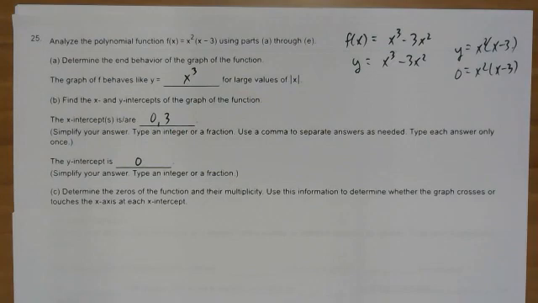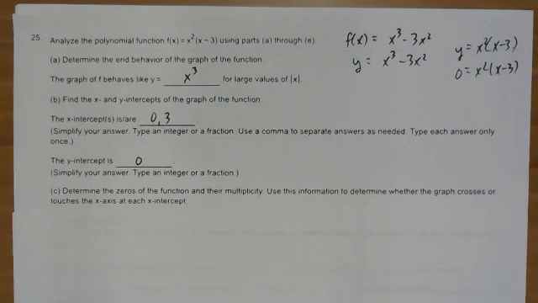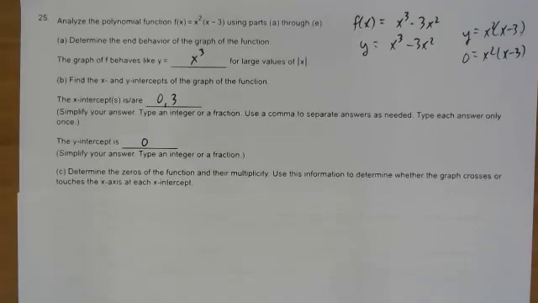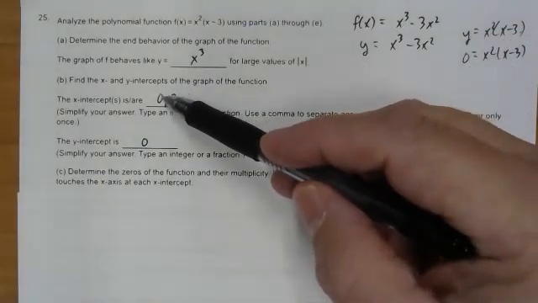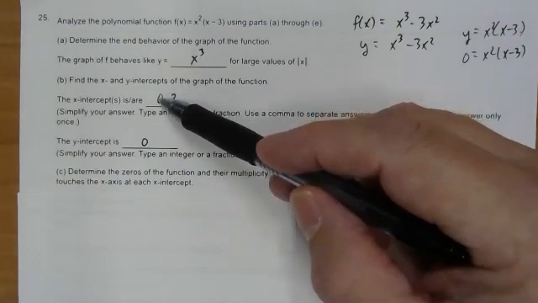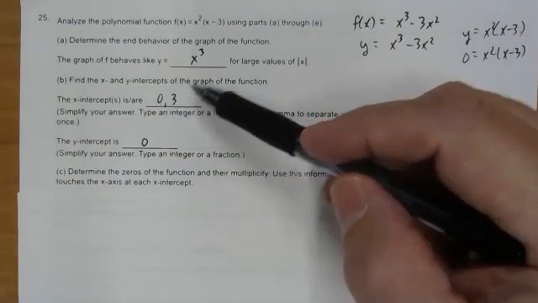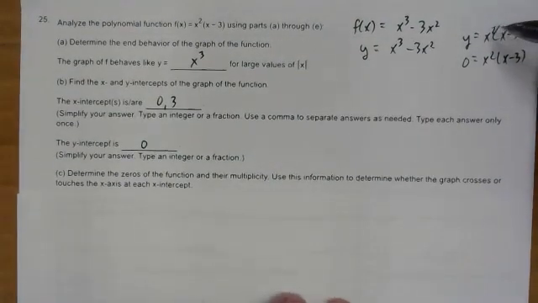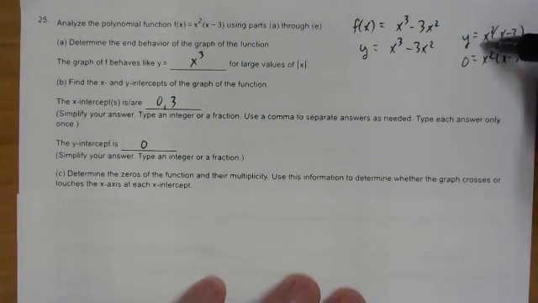Determine the zeros and their multiplicity. Well, you know what zeros are? Zeros are the same thing as x-intercepts. So when it says find the zeros, it's the same as x-intercepts. I already found them. So the zeros are 0 and 3. Now multiplicity means I look at the factored form. The 0 comes from this factor, x squared, and I look at the exponent.